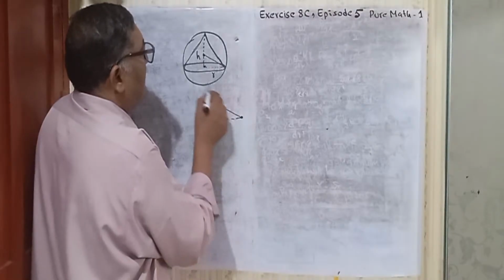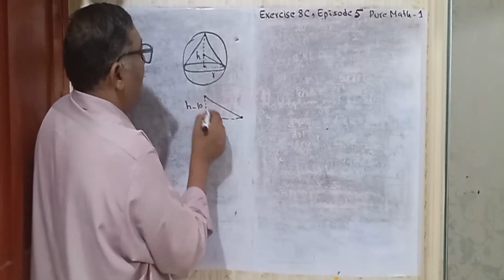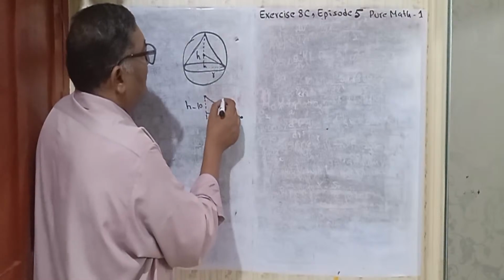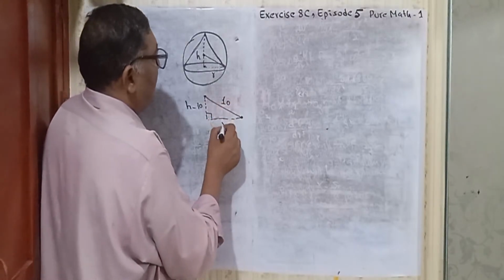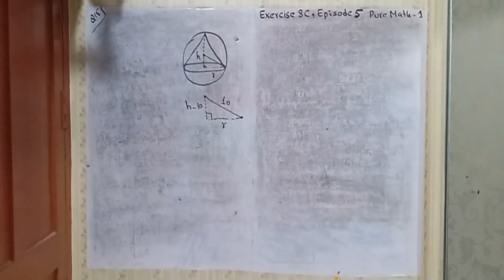This side will be h minus 10. This side will be the radius of the sphere, which is 10. This is r. So what we will do, we will apply Pythagoras.